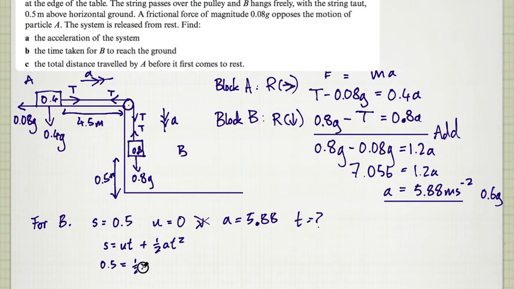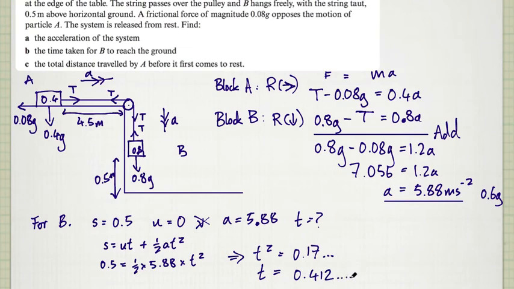Half times 5.88 times T squared, which means that T squared equals 0.17, etc. T equals 0.412, etc. So we're going to call that 0.41 to two significant figures, because we use gravity to two significant figures here. So 0.41 seconds. That's part B.